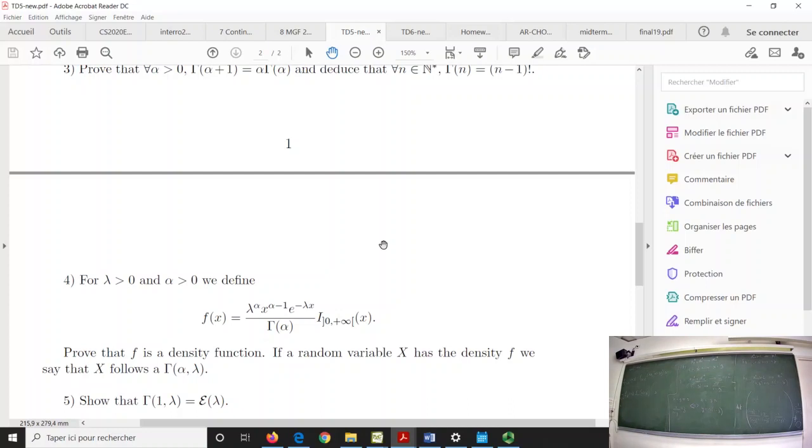Lambda equal to 1, so I don't have the first term. I have (sz) to the power A minus 1, exponential of minus sz, since lambda is 1. I don't have to forget the indicator function, that sz is strictly positive, divided by gamma of A.